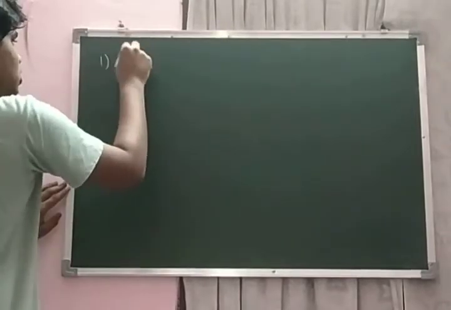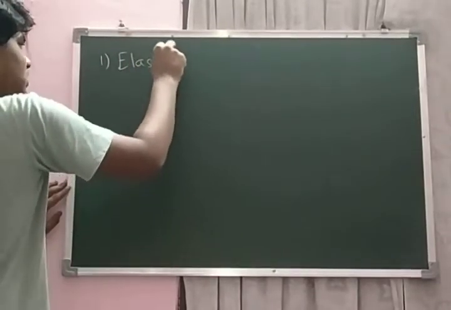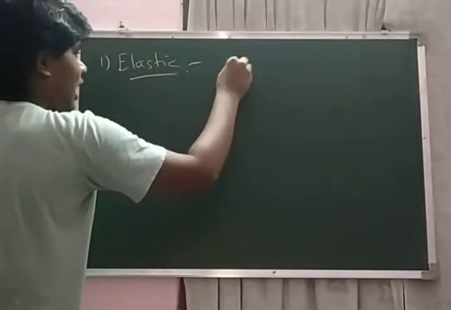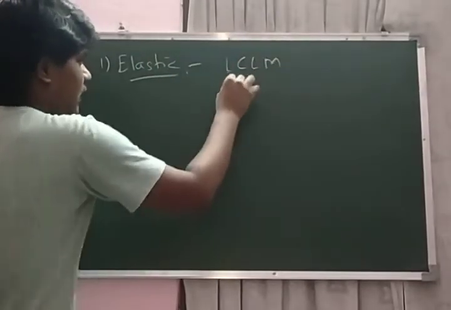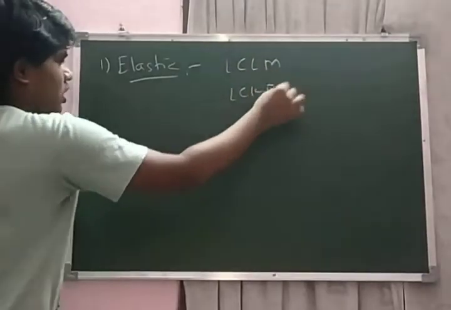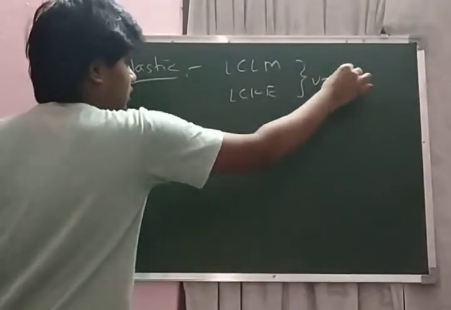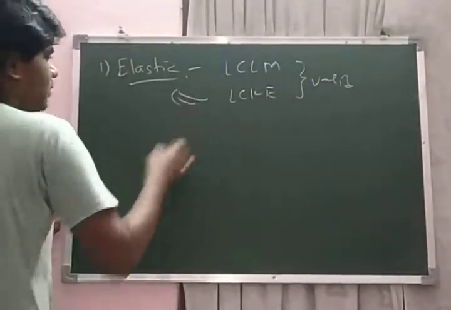First, elastic collision. The collision in which both the law of conservation of linear momentum and the law of conservation of kinetic energy are valid is called an elastic collision.